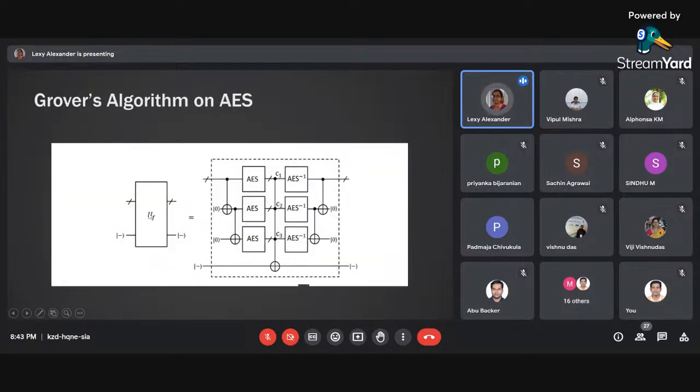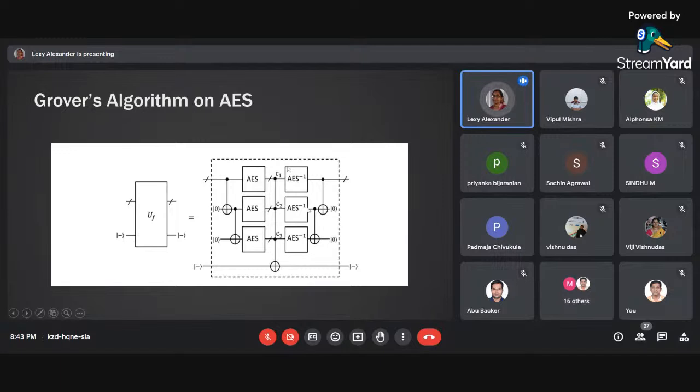So this function U_f, which is used in Grover's oracle, is like this. It uses 3 different AES, and messages are given as input to all 3 AES with the same key, and they compute the ciphertext. This ciphertext is verified against the given ciphertext. If it matches, then the condition CS equal to 1 is set, otherwise it is 0.